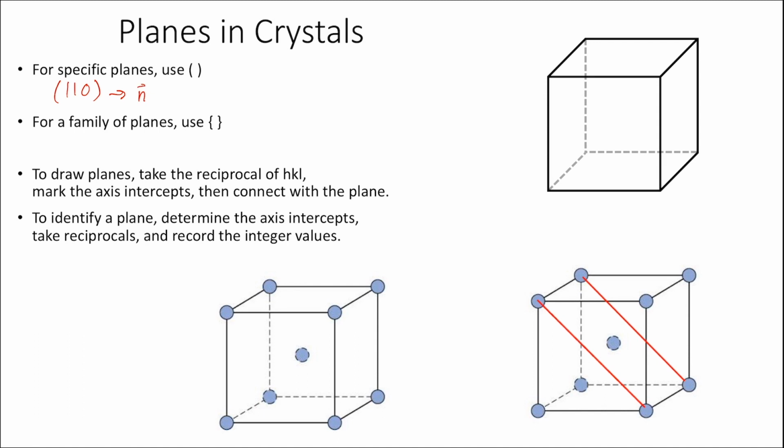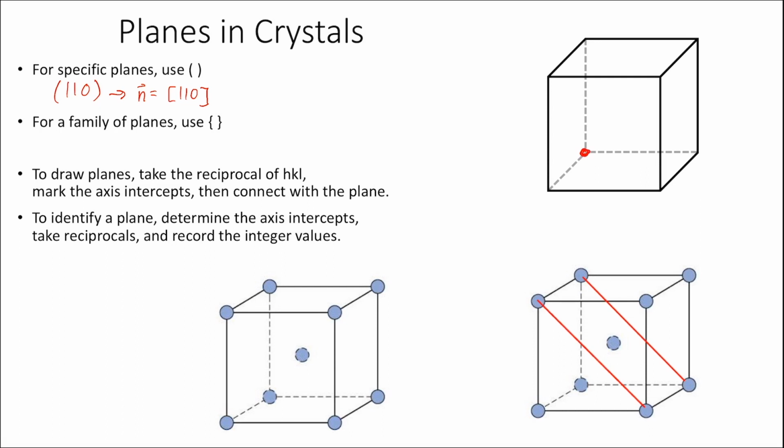So the normal in this case is parallel to the direction of 1, 1, 0. This relationship between the normal of a crystallographic plane and just taking the index from the parentheses is only strictly true in cubic systems. In others, it may or may not be true, so just keep that in mind. But since we're only working with cubic systems today, the normal to the plane is also just the index of the plane itself. So as an example, we can draw this out.